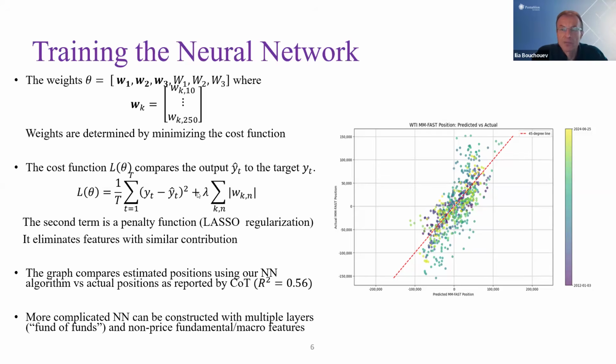The reason is that when different features contain similar information, for example, 150-day momentum may contain very similar information to 140 or 170-day momentum, we don't really need to use all of them. What this penalty does is eliminate unnecessary features. It identifies a certain number of features that you basically cannot eliminate.